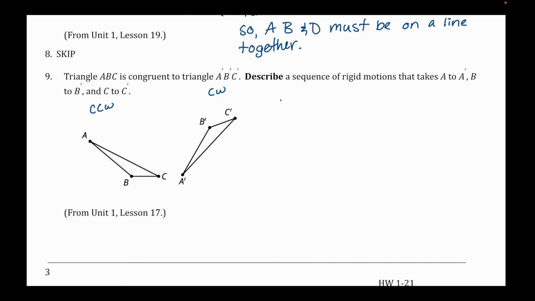So I am going to say translate ABC so that A coincides with A prime.